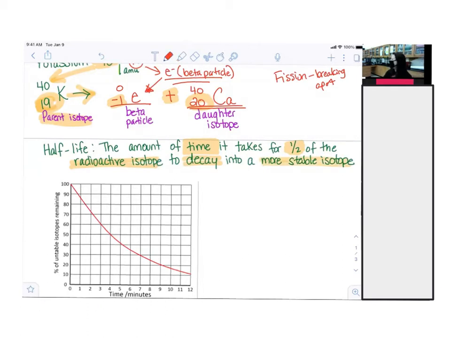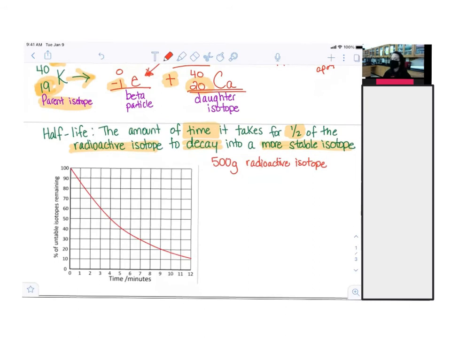So let me give you an example. Let's say I have 500 grams of a radioactive isotope, and it is unstable. I give you the graph right next to it and say, what is the half-life of this material?